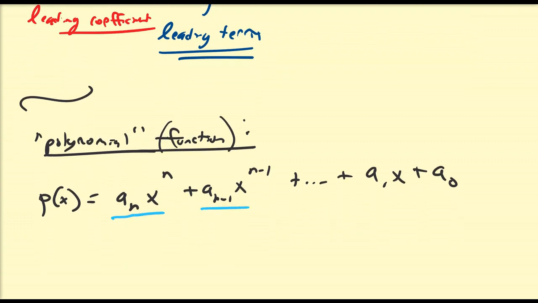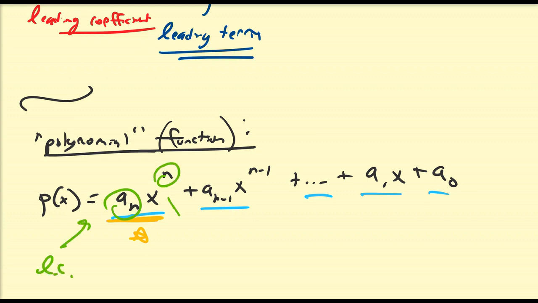These are all of my terms in the middle. This is my leading term, this is my leading coefficient, and this is my degree. We're assuming the a's are a sequence of real numbers and n is a natural number.